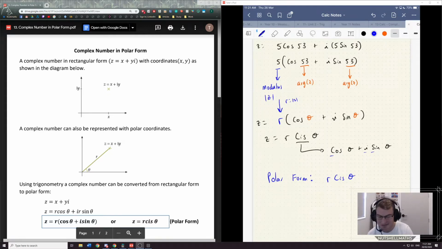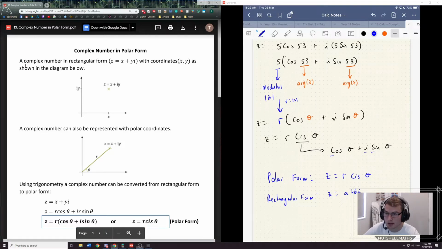Exactly, right? Whereas rectangular form, oh yeah, Miraji spamming the z equals. You're right. And rectangular form is z equals a plus bi, or x plus yi, or x plus iy.